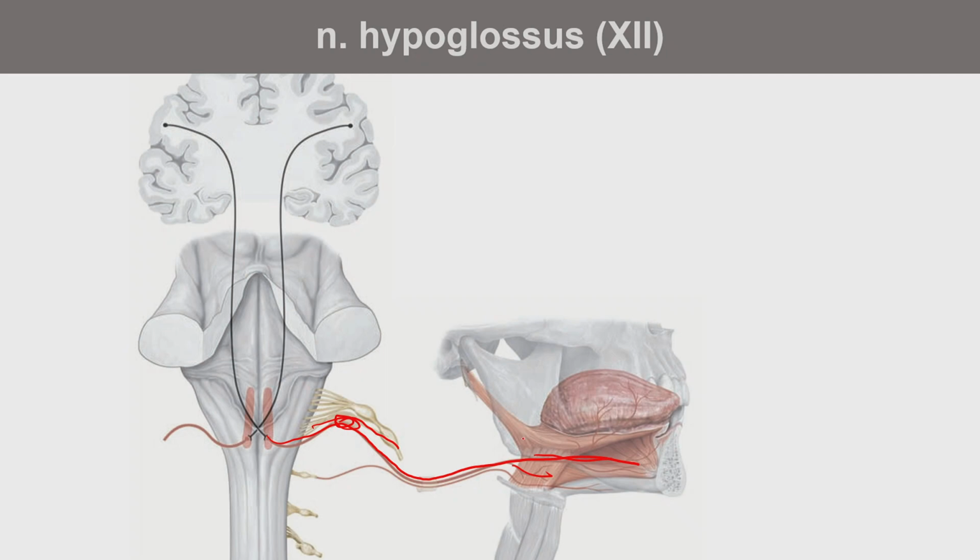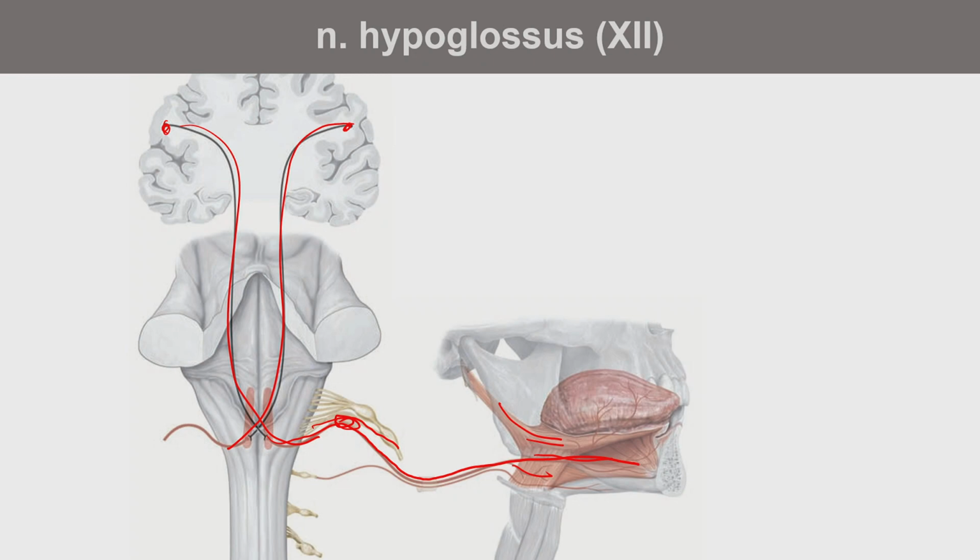Those structures are muscles moving the tongue, and those muscles are cross-innervated from the other side of the cortex, like all muscles in the human body.